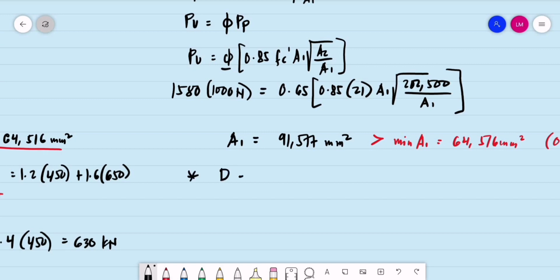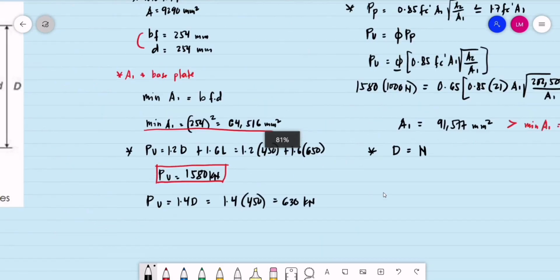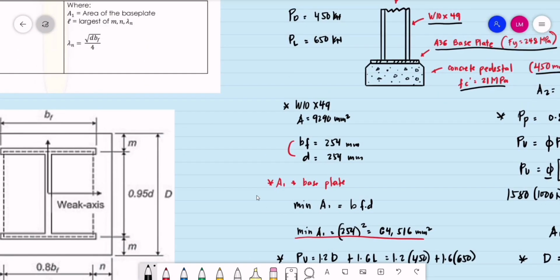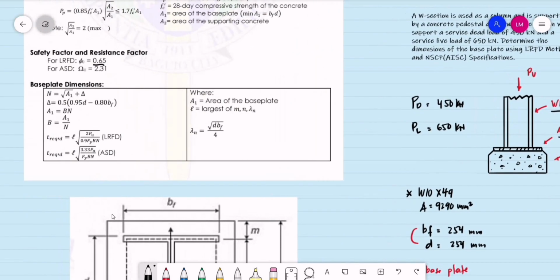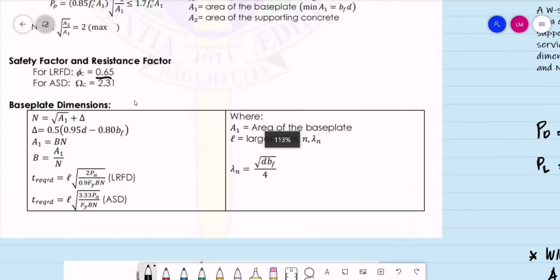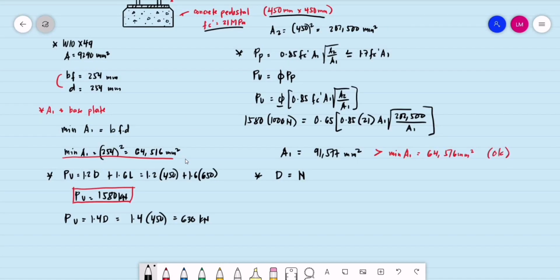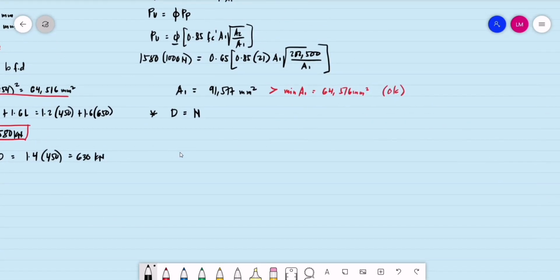The value of D, or that is basically the value of N. So how do we compute for the value of N? Again, from our reference, the value of N is the square root of area 1 plus delta.